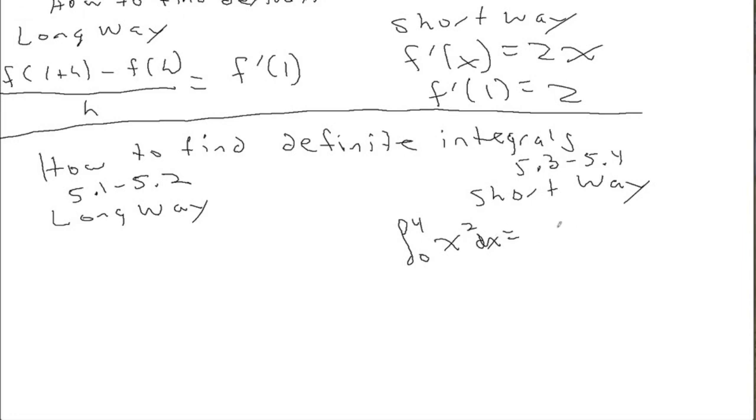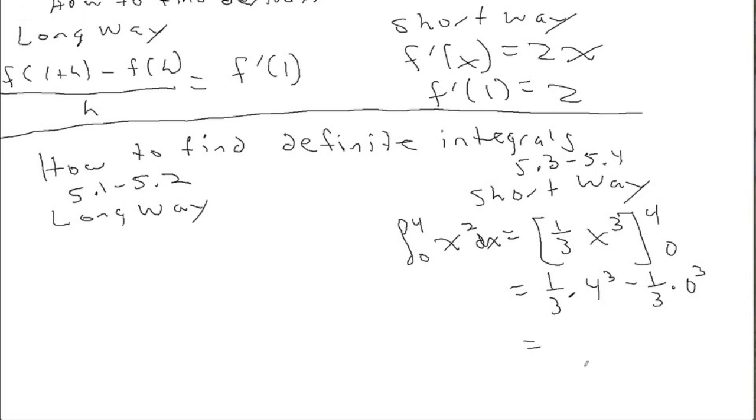You find the antiderivative of x squared, and that's 1/3 x cubed, and then we plug in 4 into x, and then we subtract. Yep, just like that.